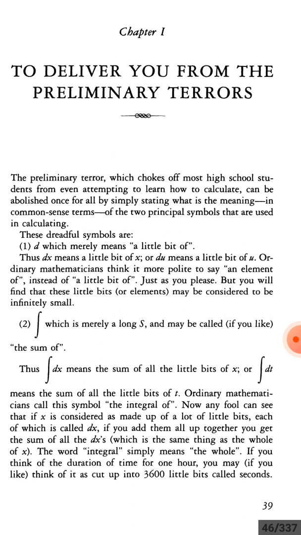Number 2, the integral sign, which is merely a long S and may be called, if you like, the sum of. Thus, the integral of dx means the sum of all the little bits of x, or the integral of dt means the sum of all the little bits of t. Ordinary mathematicians call the symbol the integral of.